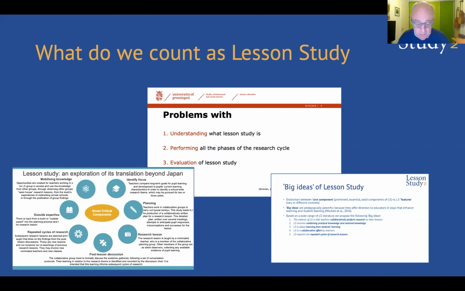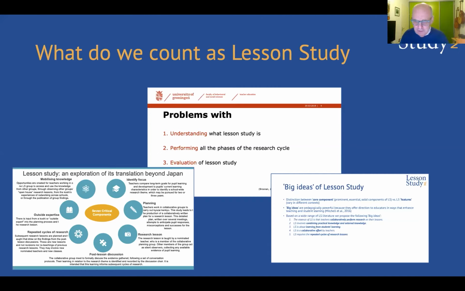What does it mean? And for that, I liked two slides in both Sarah's and Time's presentations, trying to extract the essential features of what lesson study is: in terms of big ideas in Time's presentation, and in terms of critical components in Sarah's presentation.